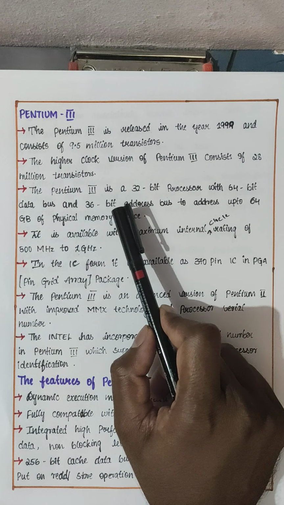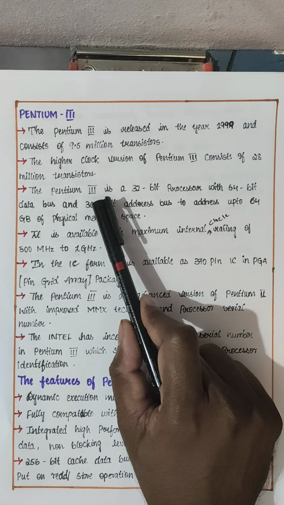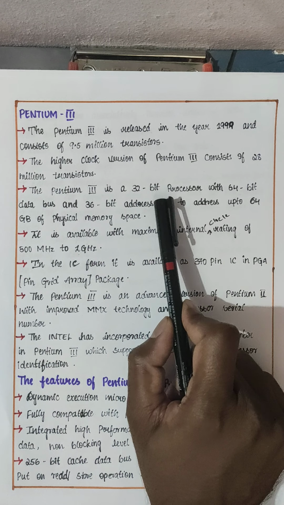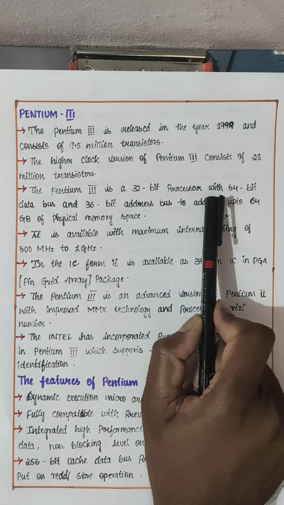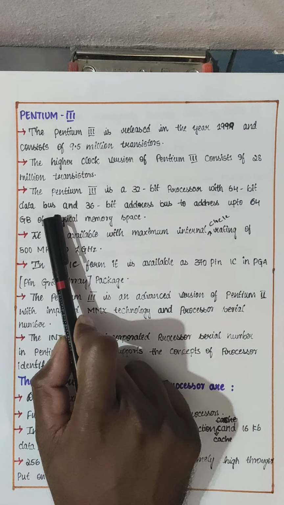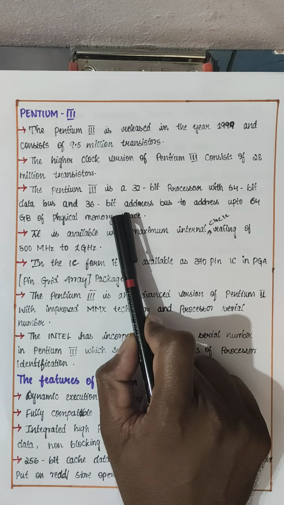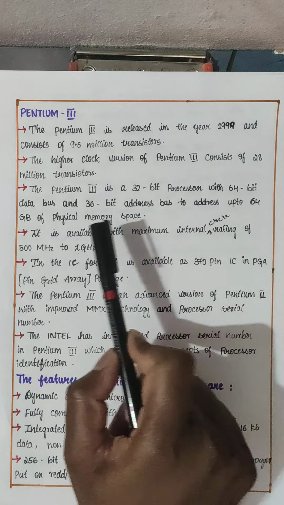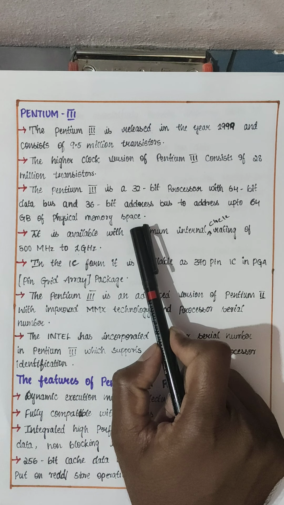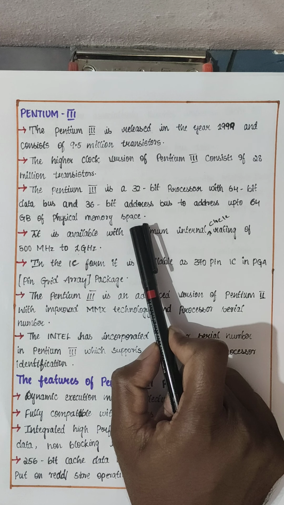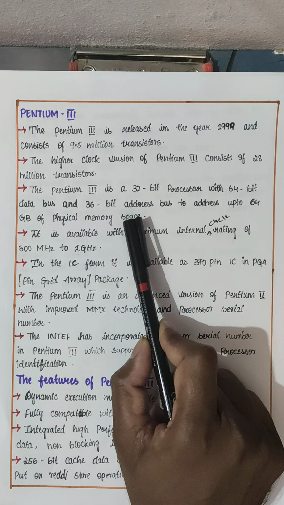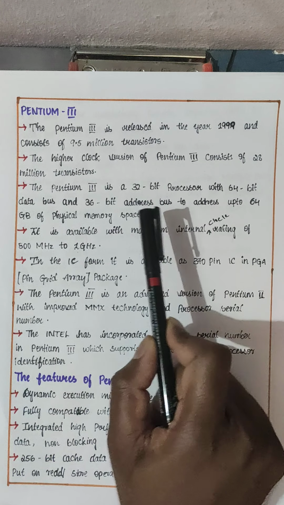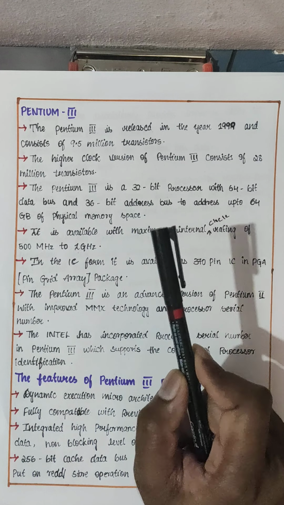As usual, like Pentium 2, Pentium 3 is also the same. Pentium 3 is a 32-bit processor with a 64-bit data bus and 36-bit address bus, and it can address up to 64 gigabytes of physical memory space.